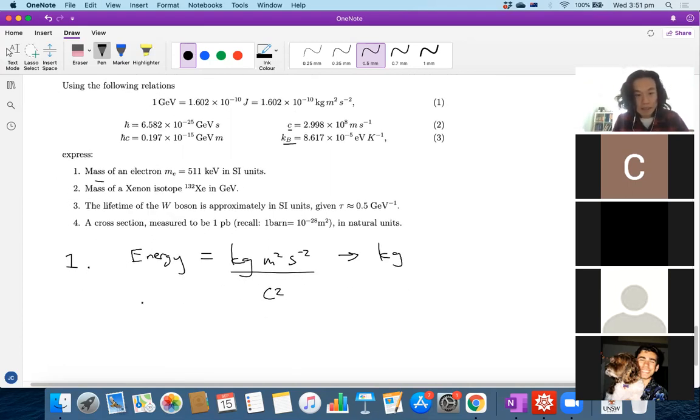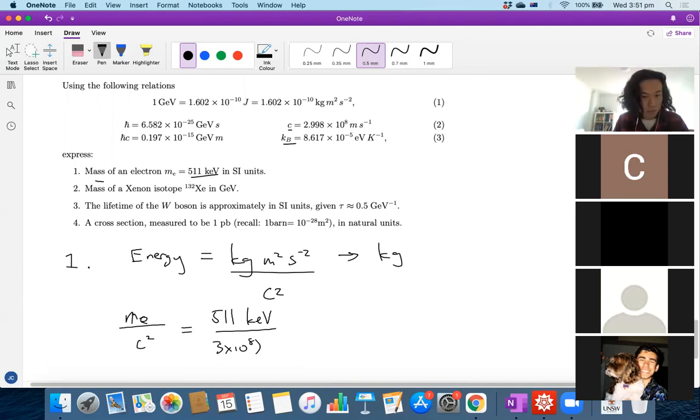So m e is equal to the mass of the electron divided by c squared. In this case, we put in the energy version of it, 511 keV, divided by 3 times 10 to the 8 squared meters squared per second squared.